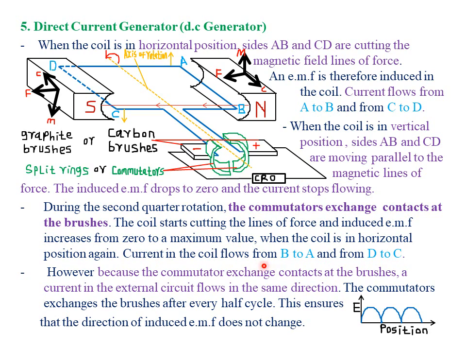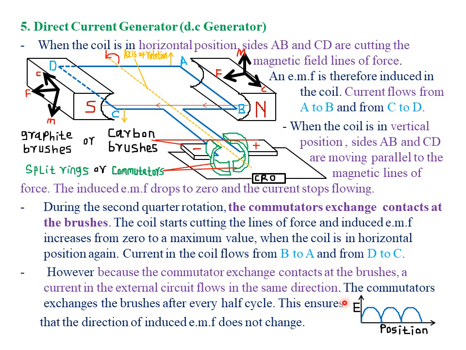However, because the commutators exchange the contacts at the brushes, the current in the external circuit, which can be an external resistor or simply what we call the CRO, flows in the same direction. So the commutators exchange the brushes after every half a cycle. This ensures that the direction of the induced EMF does not change.